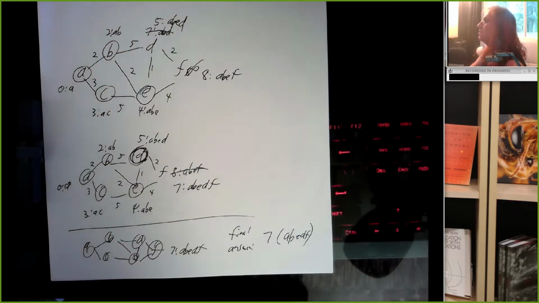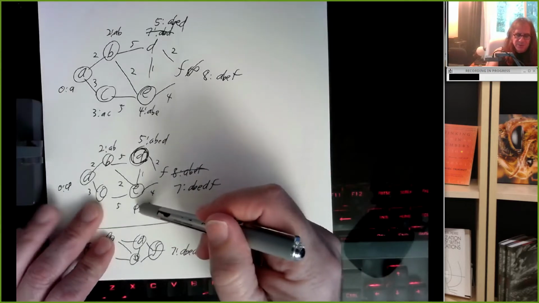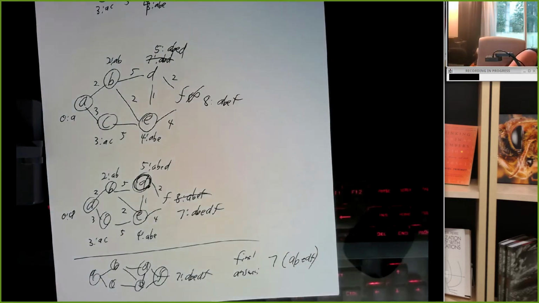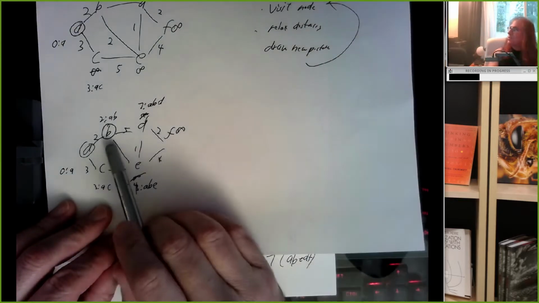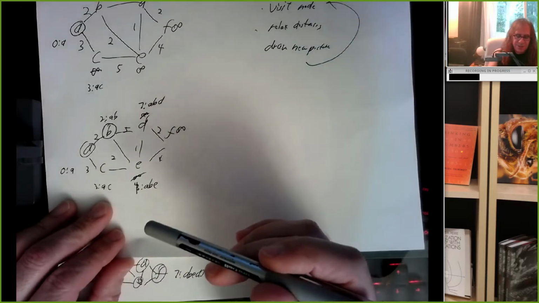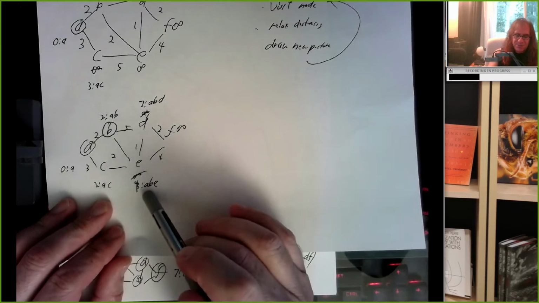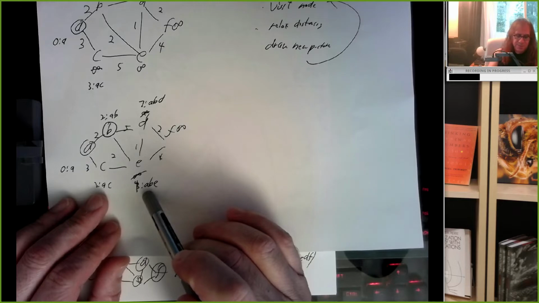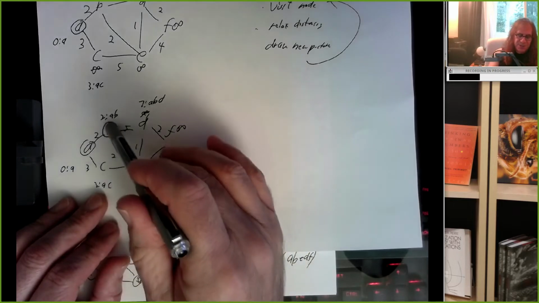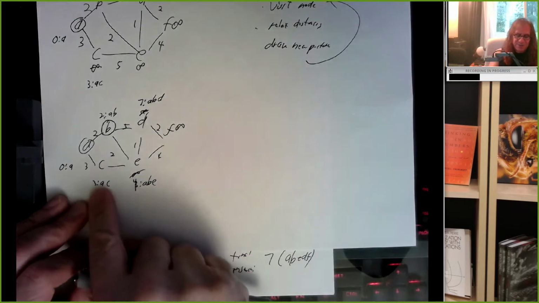Let's see. If the distance from B to E was shorter, would we not have to visit C at all? So after we visit, go back. After we visit B, right? We don't look at what the distance from B to E will be, right? We choose a node to visit before we relax distances. So before we say 2 plus 1 is 3 is better than 4, we're going to say, hey, but 3 is better than 4, so we're going to visit C first.